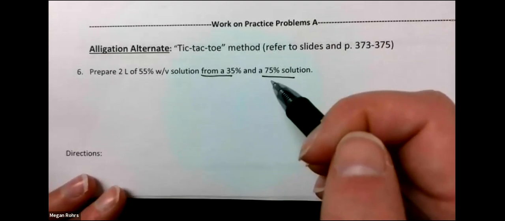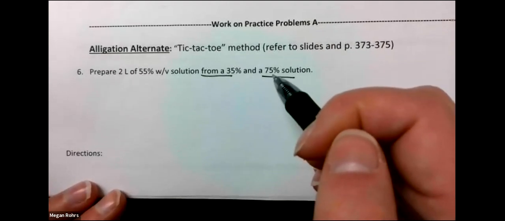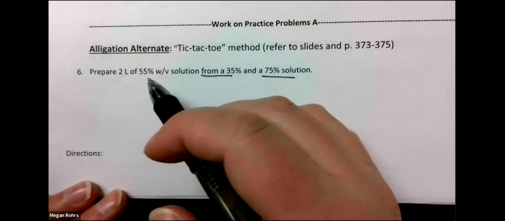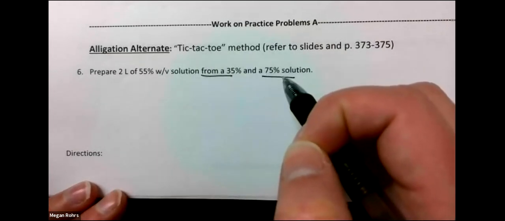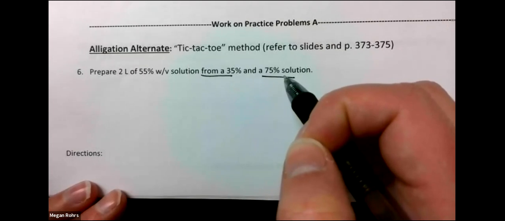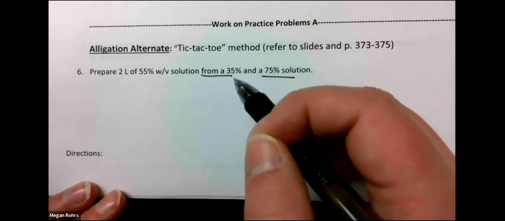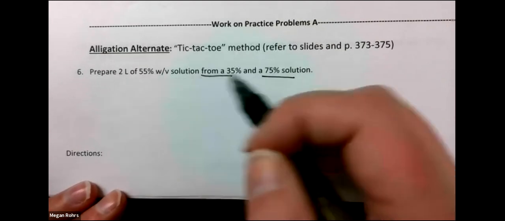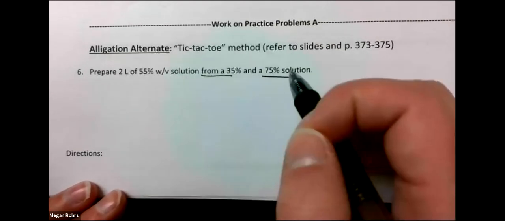The point I'm trying to make is that you couldn't combine, for example, a 55% solution and a 75% solution and ever get a 35% solution, because that would have a way lower concentration than either of these two ingredients.